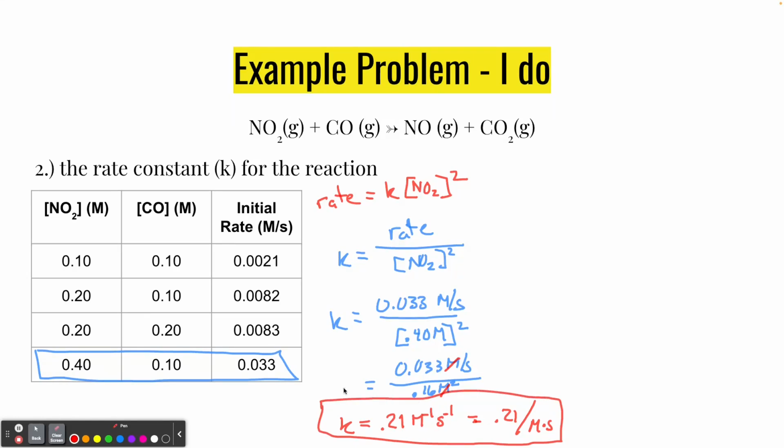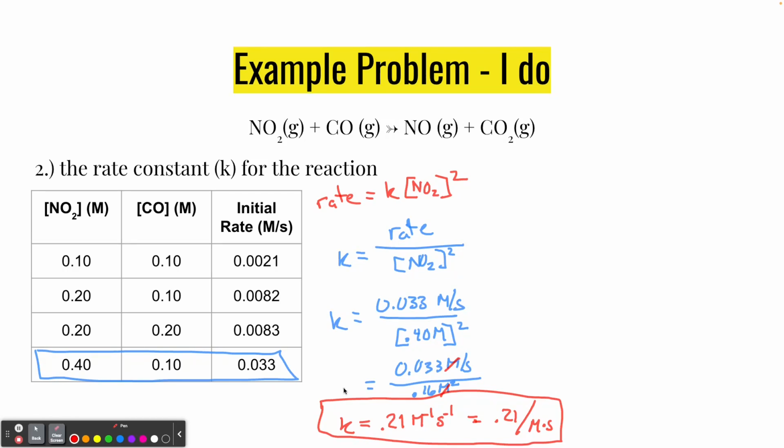And guys, that's the end of today's video. So big summary of what we talked about. In order to determine the rate law of a particular reaction, you first need experimental data. In order to determine the reaction order for a reactant, you need, guess what? An experiment. In order to determine the rate constant K, you need, guess what? An experiment.